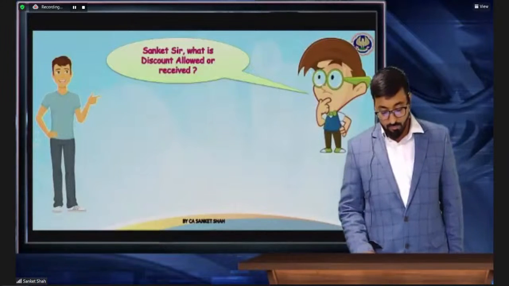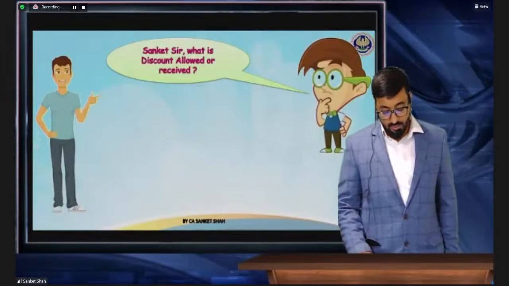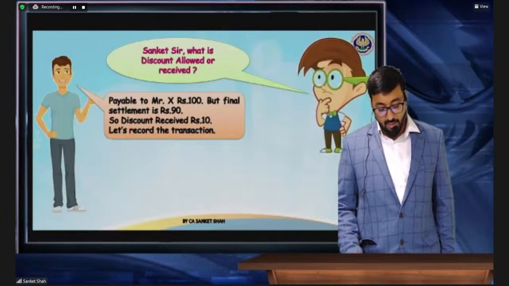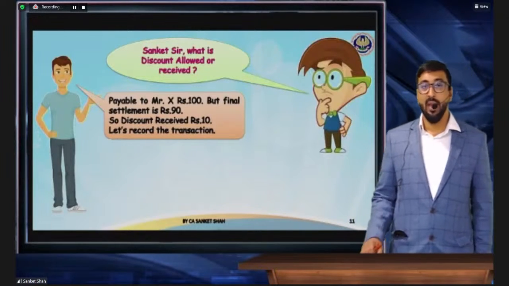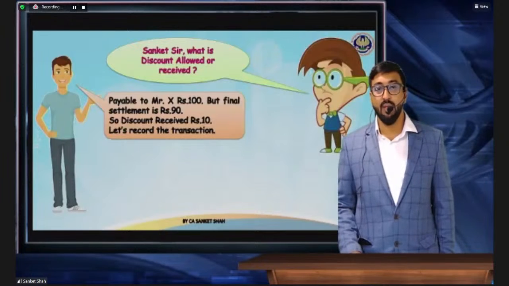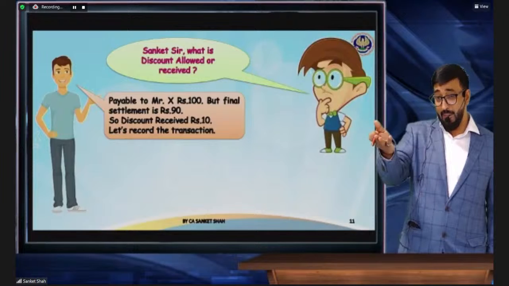Sir, what is discount allowed or received? Yes, let's take a simple example. Payable to Mr. X rupees 100, but he offers settlement at 90. So this is discount received. Whenever we are making payment, then we receive discount. Assume a balance of 200 rupees is there.